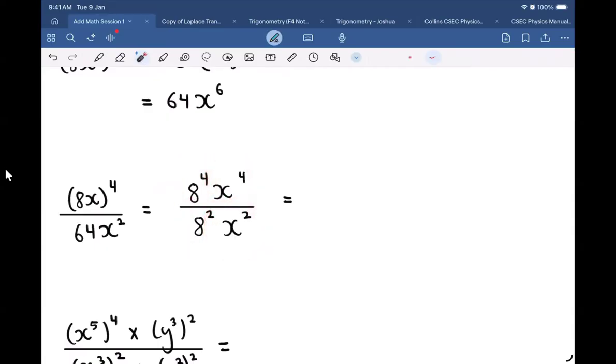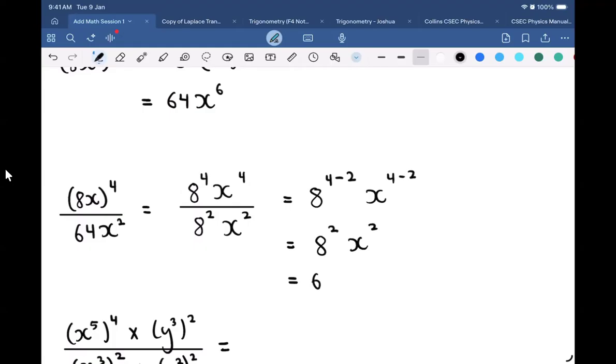Same base, we're dividing, so we could write that as 8 to the power 4 minus 2, right? Then x to the power 4 minus 2. So that's just going to be 8 squared, x squared. And we know that 8 squared is 64, so 64 x squared. Understand?